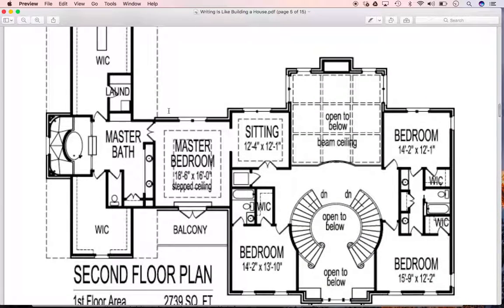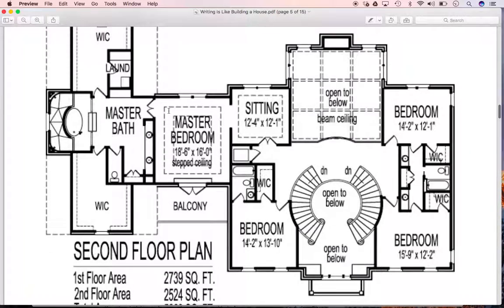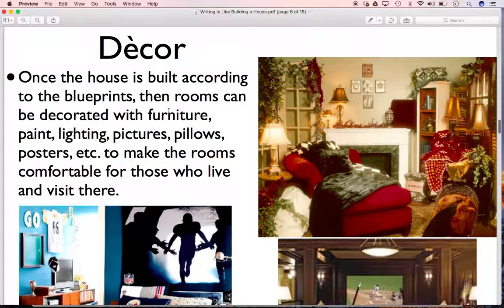So, obviously the blueprint is necessary. Then you have the decor or decorations. Once the house is built according to the blueprints, then rooms can be decorated with furniture, paint, lighting, pictures, pillows, posters, etc. to make the rooms comfortable for those who live and visit there.